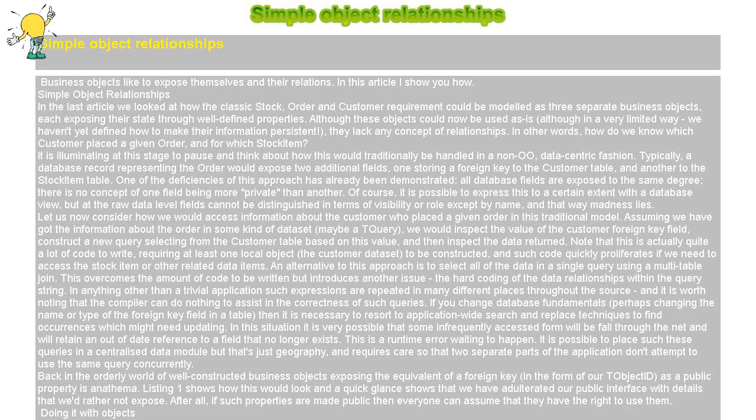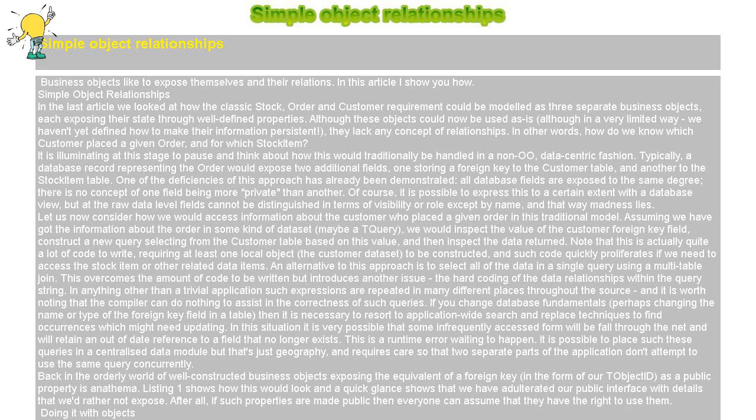Doing it with objects: object orientation offers us a far more natural way of expressing these relationships rather than through implicit foreign key fields. We can actually expose the related object as a property.